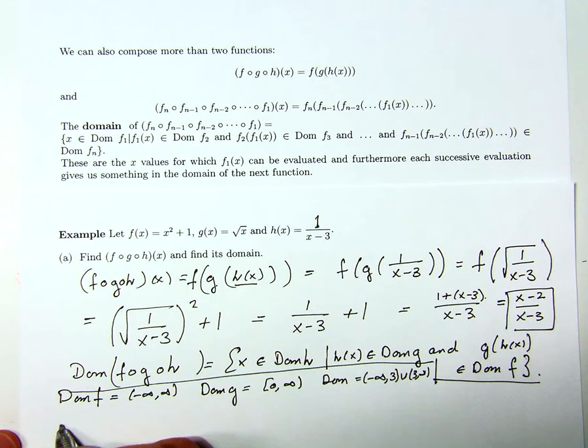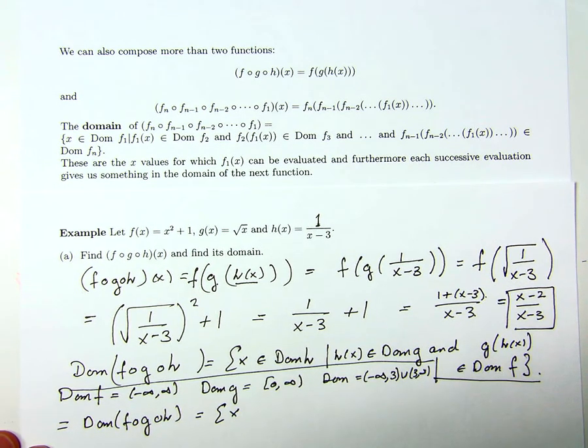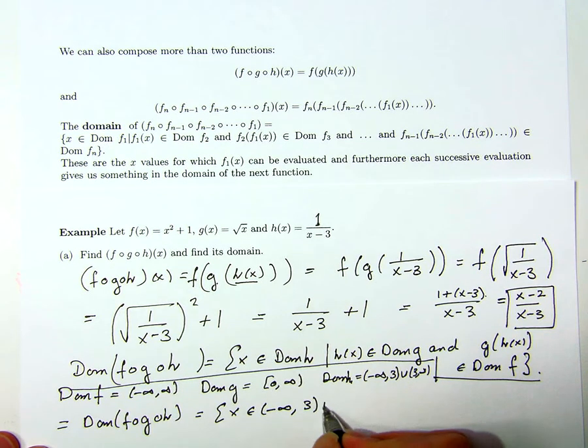So now my domain of f after g after h is equal to x in the domain of h, so it's x in everything except 3, such that what?